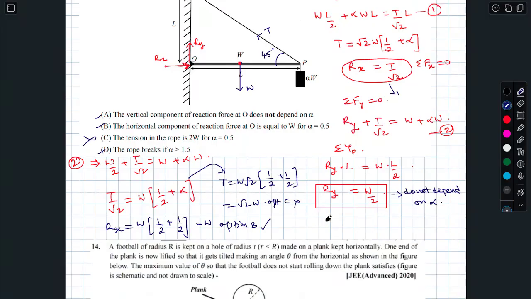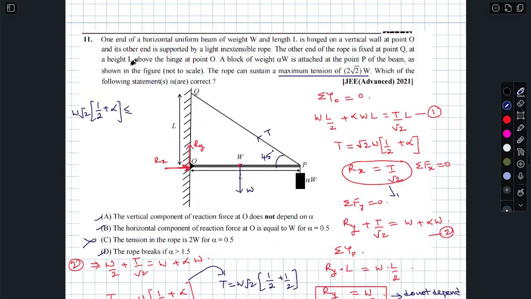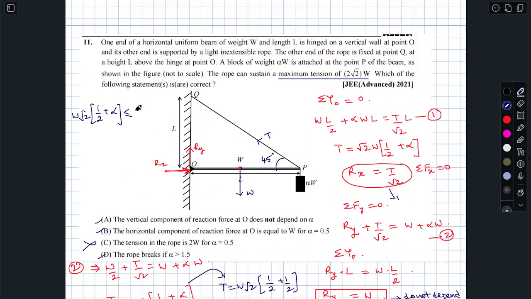Option C wrong. The rope breaks. Now, the condition you need to check is W root 2 times 1 by 2 plus alpha must be less than or equal to 2 root 2 W. Root 2 cancels, W cancels. So 1 by 2 plus alpha less than or equal to 2.